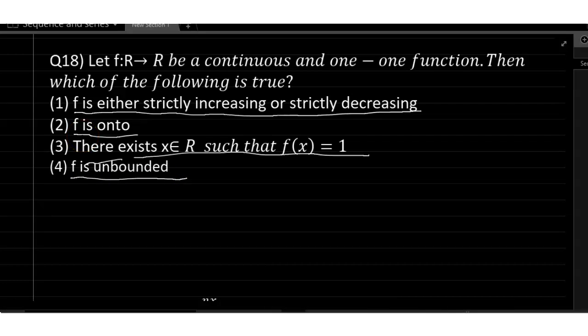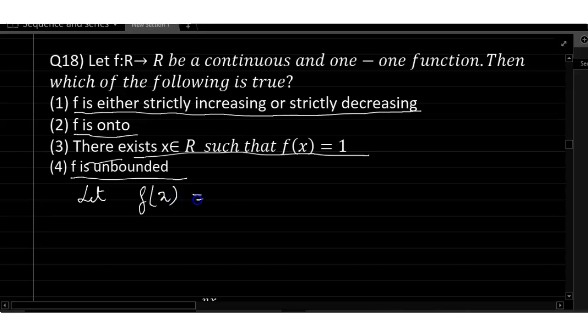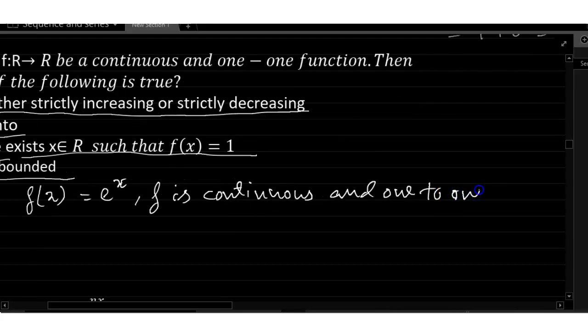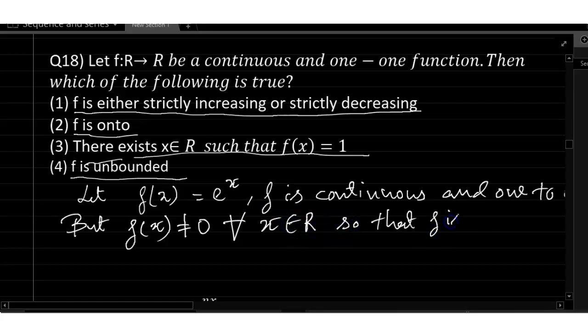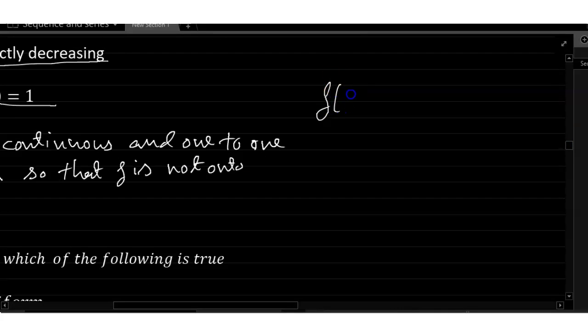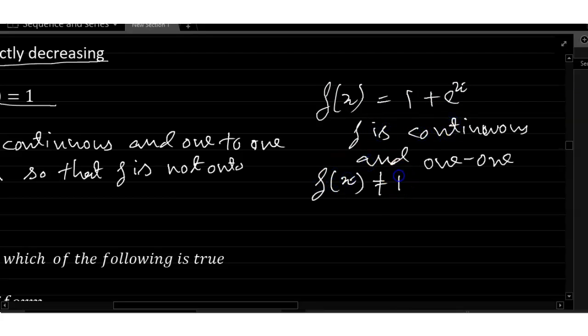Choose some examples. Let f(x) equal e to the power x, and f is one-one, but f(x) does not equal 0 for all x belonging to R, so f is not onto. So option 2 is wrong. And the next example, f(x) is equal to 1 plus e to the power x. f is continuous and one-one, and f(x) does not equal 1.